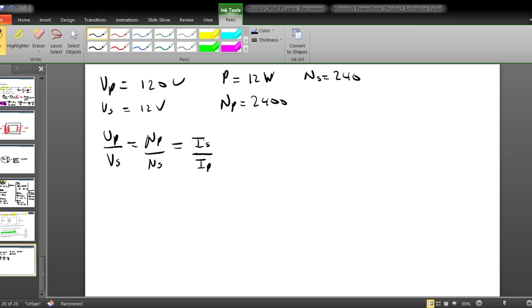Now, we don't have IS and we don't have IP, so we have to find IS first, since the question is asking us to find IP, and we need one of these two combinations. We'll first have to find IS. Now, how are we going to find IS? We are going to use a power triangle.